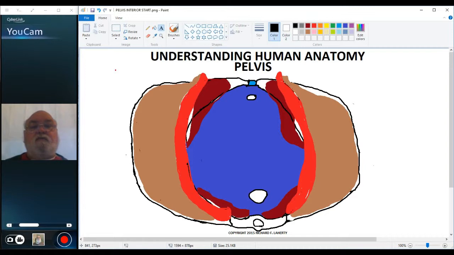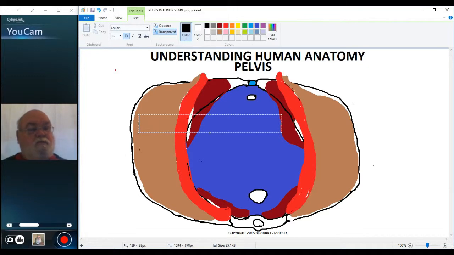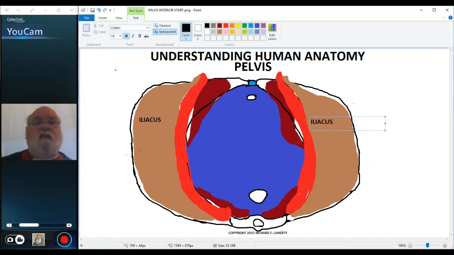Now that I've got the muscles sketched in, let me add some labels to this diagram. We'll add first a label for Iliacus. And I'll put a label in on the other side. We'll put a label in for the pelvic diaphragm.